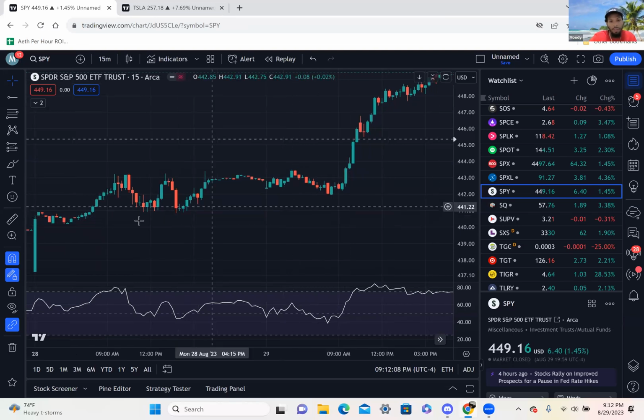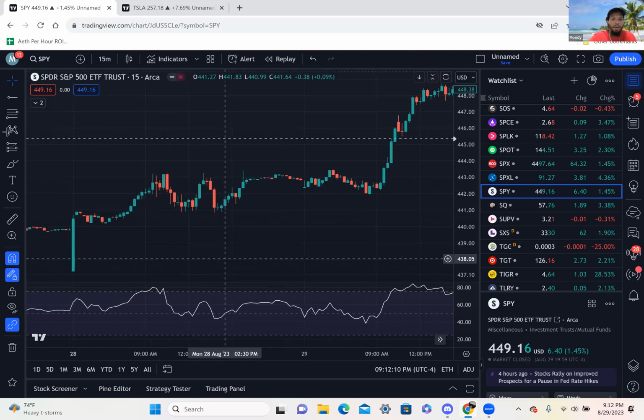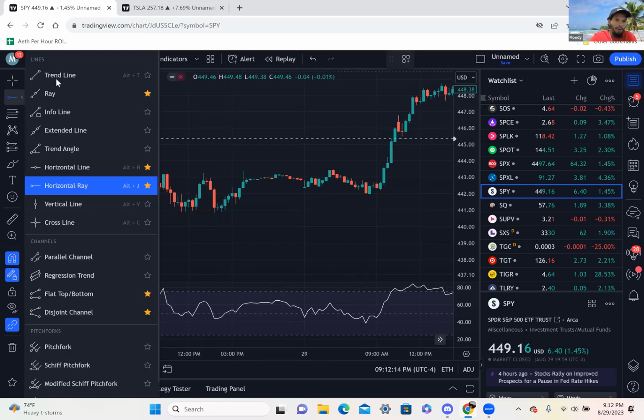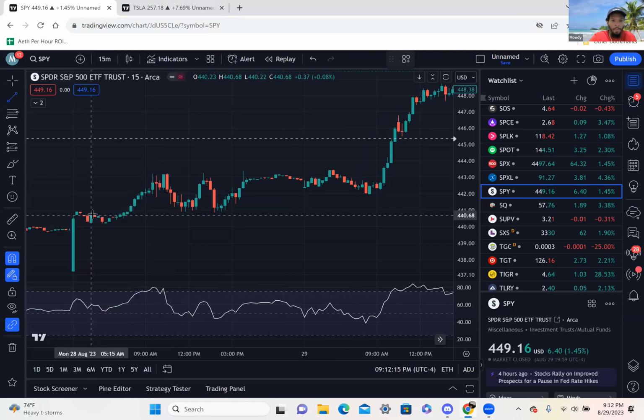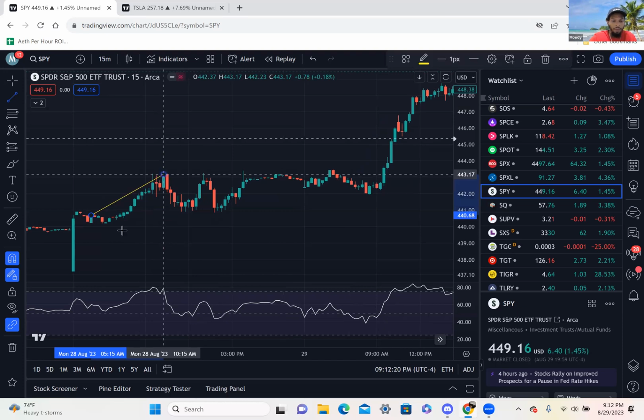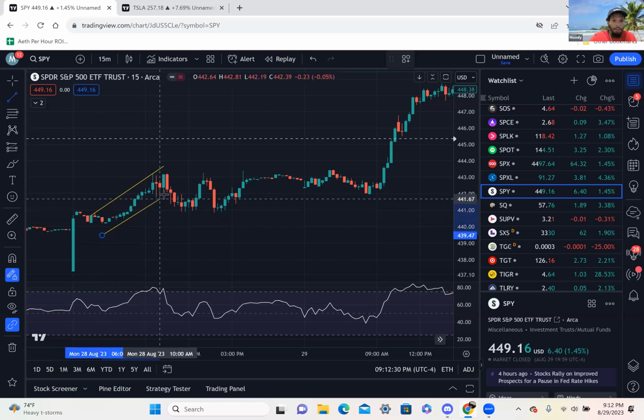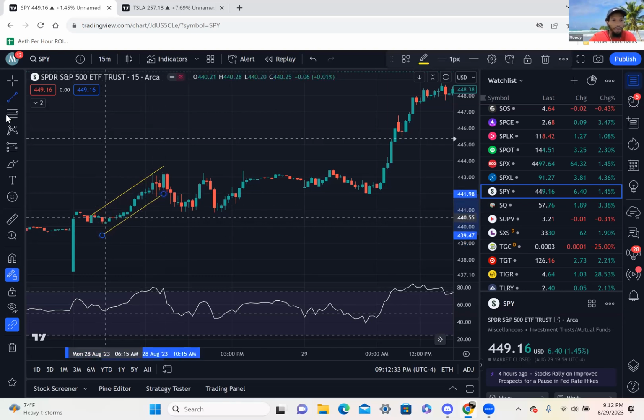So real quick, just seeing what I can see from right here, we have an uptrend here, right? The way that we're able to identify this uptrend is by higher highs and higher lows, right?